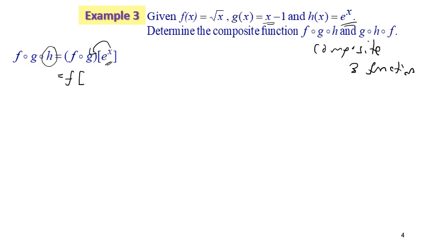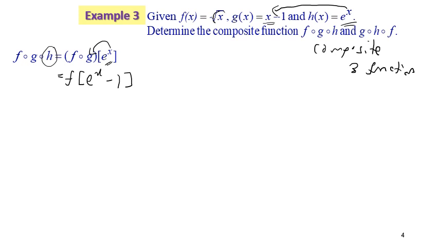So now e to the x would be e to the x, and then they have minus 1 in function g. Okay, so we can rewrite like this, and then this one will be an input for function f.